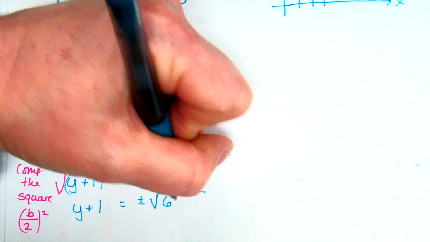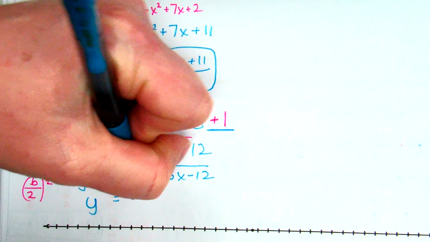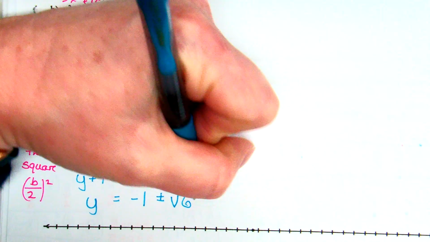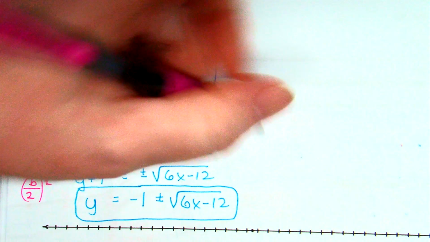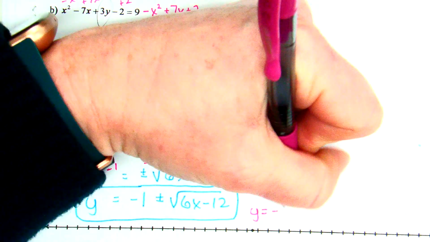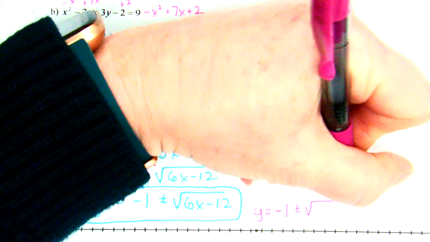And y equals negative 1 plus or minus the square root of 6x minus 12. And this could also be written in factored form: y equals negative 1 plus or minus the square root of 6 times x minus 2. And then when you graph that, it would go sideways.